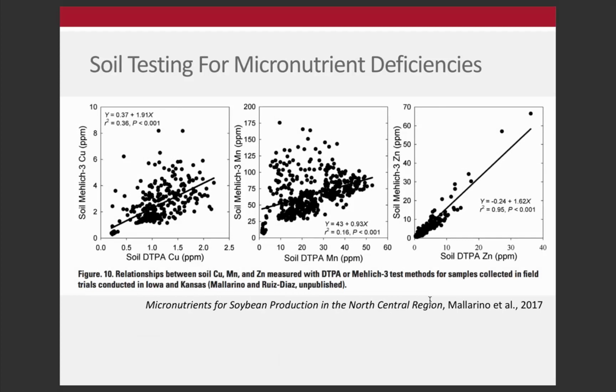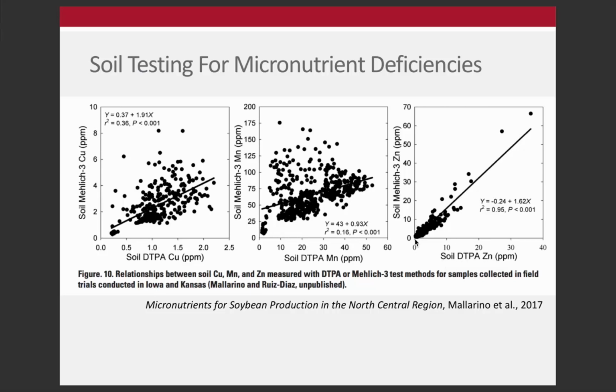Here's an example of this. We've got Mehlich-3 on the y-axis and DTPA as an extractant, for copper, manganese, and zinc. You can see that for some relationships, DTPA, or 0.1 or 0.01 HCl in the case of the Tri-States, has a very good relationship with Mehlich-3.